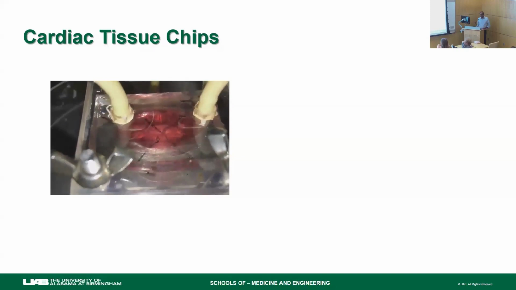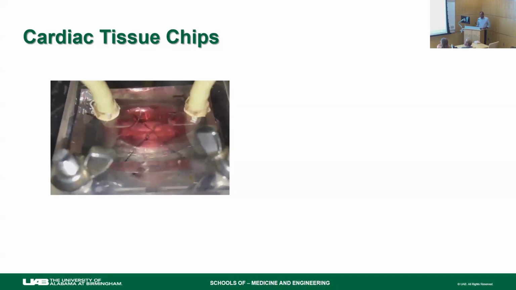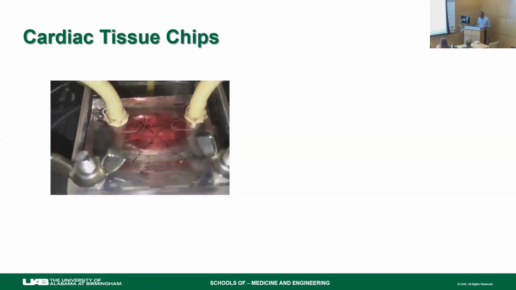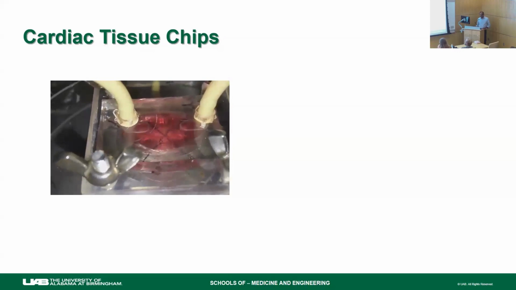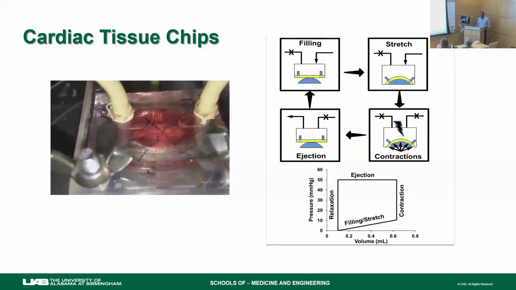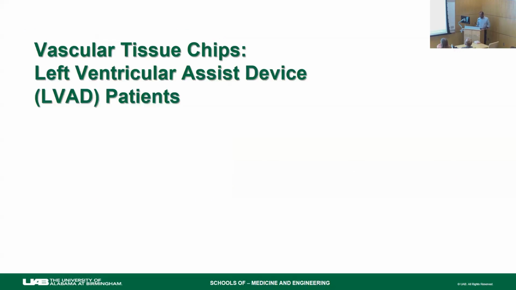And the reason why this might be important is because the heart is in an environment which is similar to this, and almost every disease state associated with the heart is associated with changes in levels of pressure and stretch. So this model can really mimic that. I won't talk more about this, but today's talk is going to be focused more on our vascular tissue chips and how we use this in the context of left ventricular assist device space.